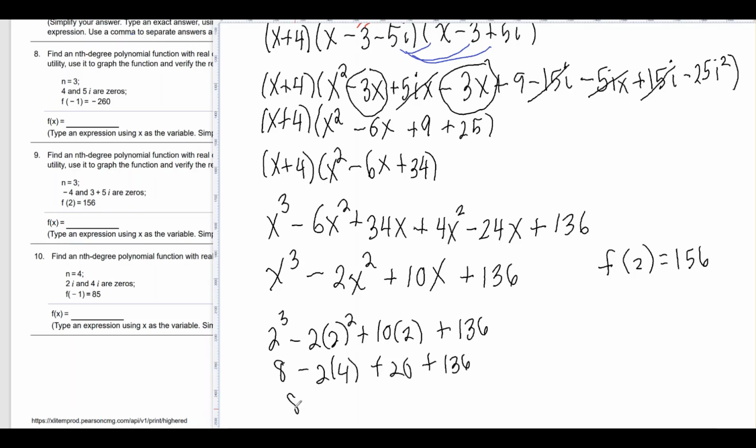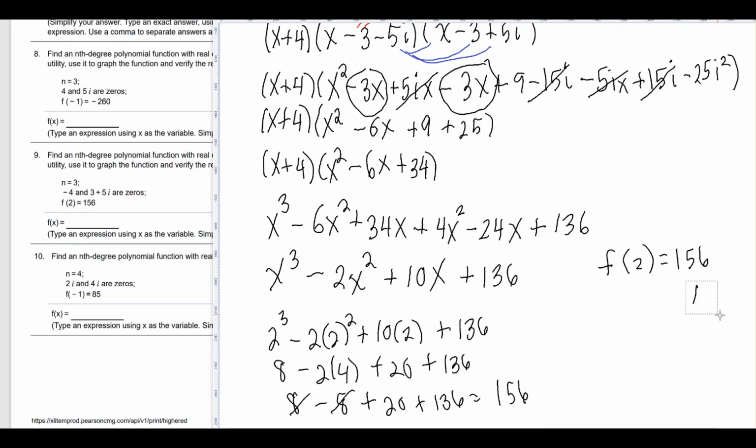So that's 8 minus 8 plus 20 plus 136. 8 minus 8 is 0. That's 156. So since this came out, I don't need to multiply my polynomial terms by anything.